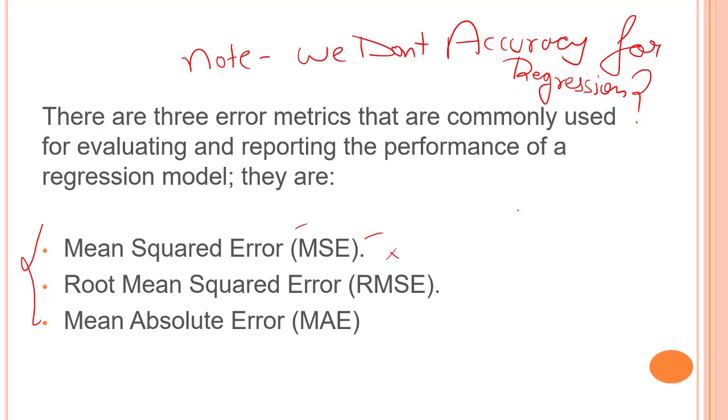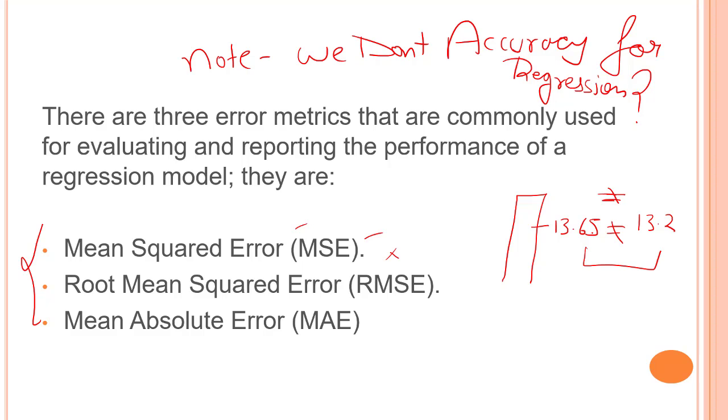Say we are creating a model to predict the height of a building. The actual height is 13.65 and our model predicts 13.2. These two are not equal, so we are not predicting the same thing, but we can see that we are predicting somewhere nearby. So we need different metrics for this. That's why we have MSE, RMSE and MAE.